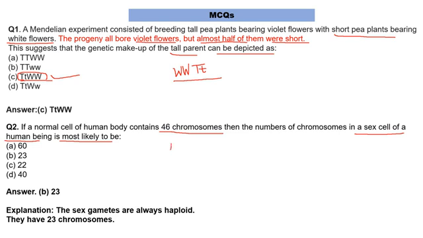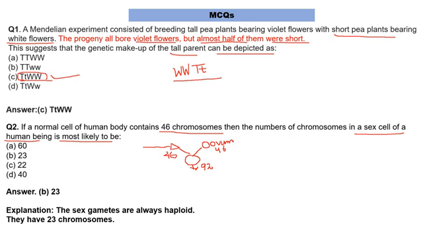If I take the example of the sperm, let's take 46 chromosomes, and the ovum is also having 46 chromosomes. But we know that there will be a fusion of sperm and ovum, then the daughter cell will have 92 chromosomes.